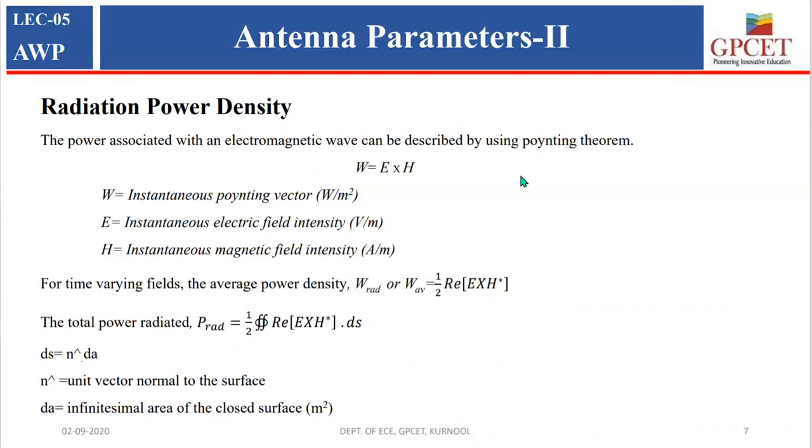That radiation power density W_RAD is equal to 1 by 2 real part of E cross H.